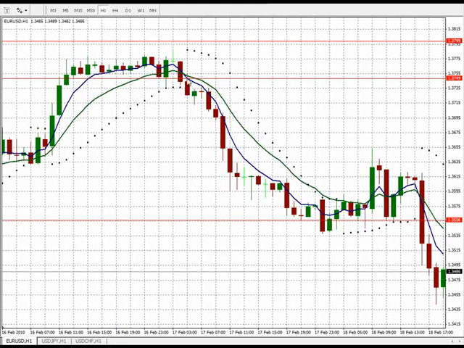So now we enter a sell trade, or enter short, and we set a stop loss. We entered this trade at 1.3749, and we set our stop loss 50 pips above that for a sell trade. So we add 50 pips, which would make our stop loss 1.3799 for this trade.